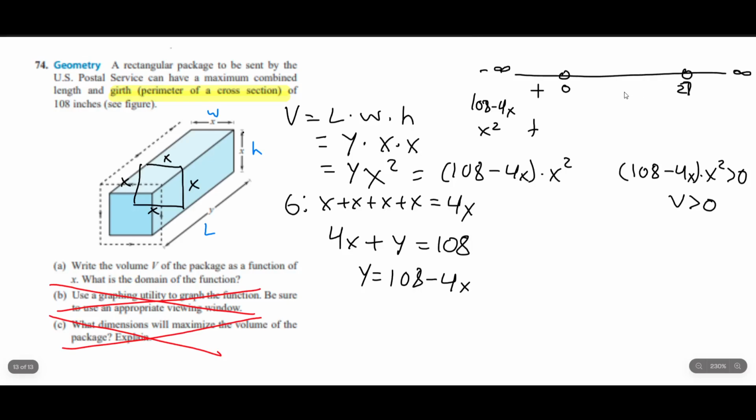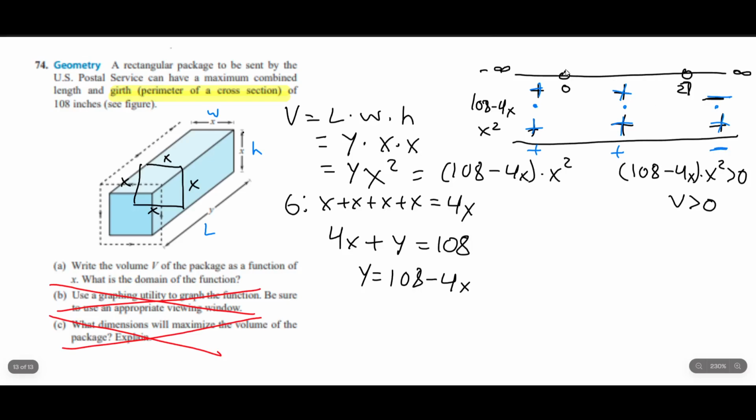If I pick 1 here, 108 minus 4 is positive, and of course anything squared is positive. Here, once x is greater than 27, this will be negative, and this will obviously still be positive. Let me do the multiplication, in blue marker. Positive times positive is positive, positive times positive is positive, negative times positive is negative.